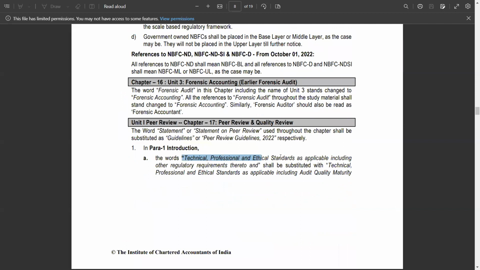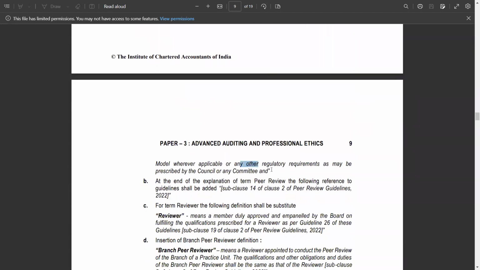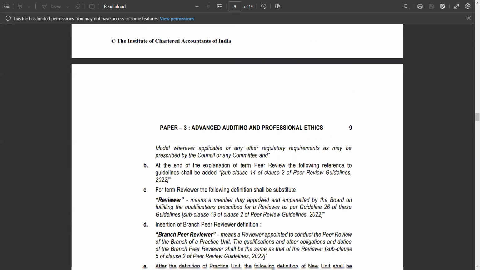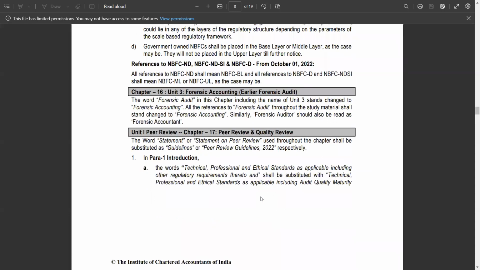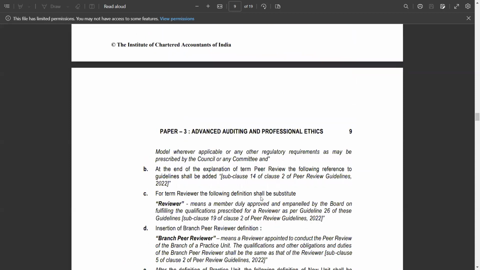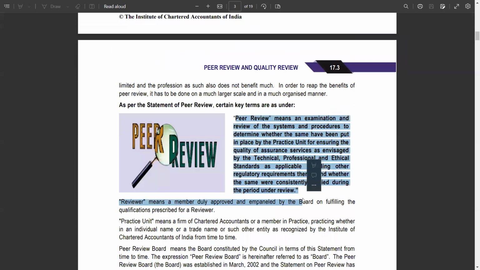The technical, professional, ethical standards as applicable, including other regulatory requirements, is substituted by technical, professional, ethical standards, including the audit quality maturity model wherever applicable, and other regulatory requirements as will be prescribed by council and committee from time to time. So this is the change in the definition. You can note it down, or you can refer to this amendment document separately as per your liking. So this is the basic definition of peer review.